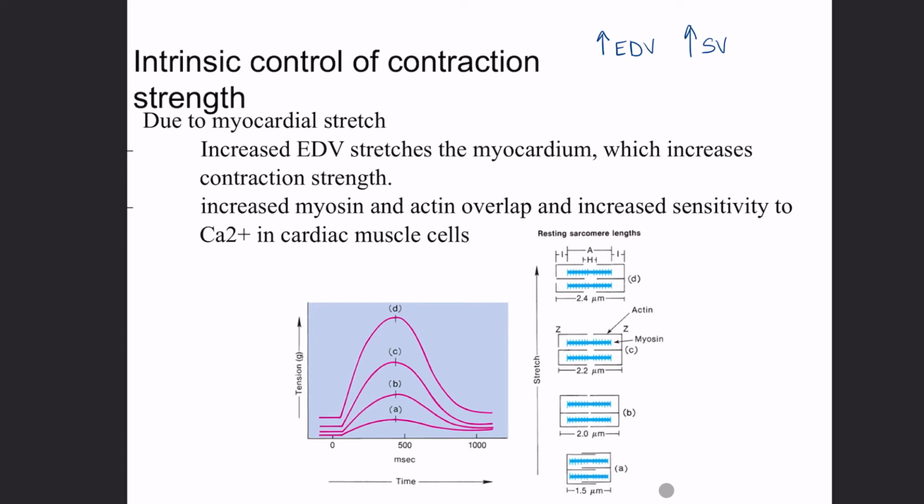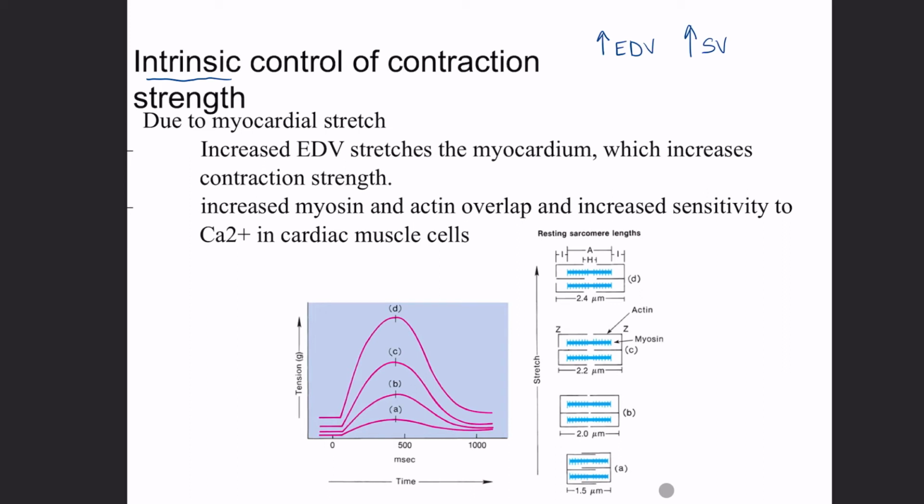And so this was independent of any nervous system control. They found that this was intrinsic. This came from the myocardium itself. And what we've learned is that it is due to the stretch of the myocardial cells.